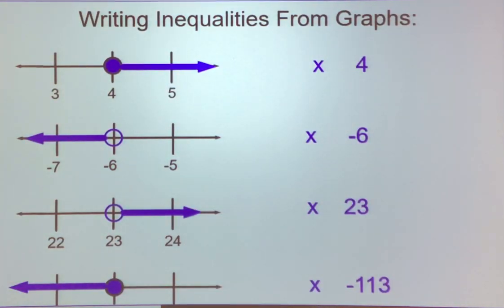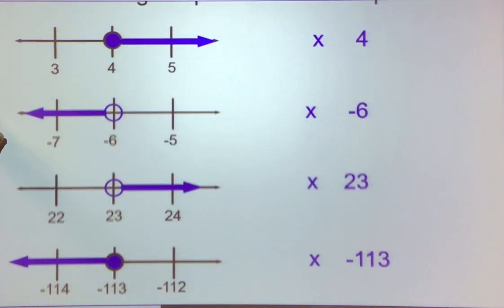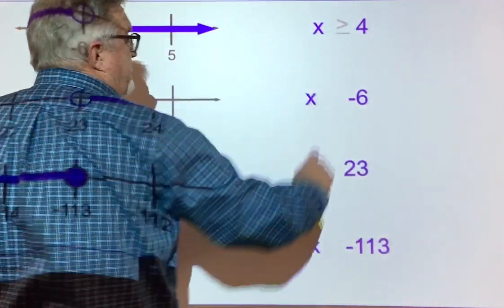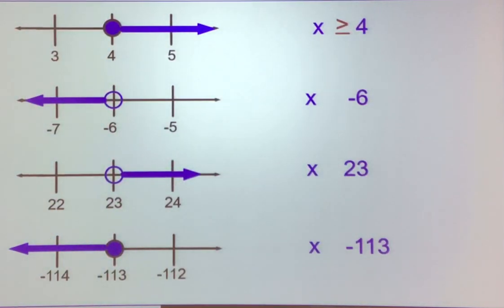Next thing we want to look at is writing inequalities if we're given the graph. Okay, on our top graph, we've got a solid dot on 4 and it's shaded to the right. Well, I know that shaded to the right means greater than, but what does the solid dot mean? It means that 4 is part of my solution. So our correct inequality sign then would be x is greater than or equal to 4.